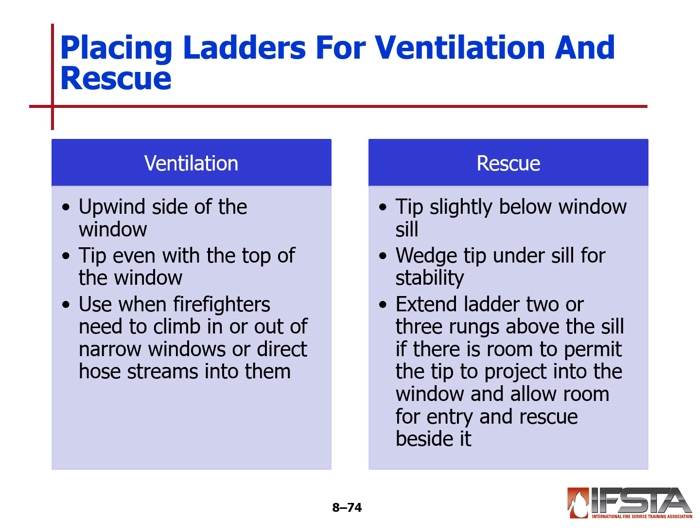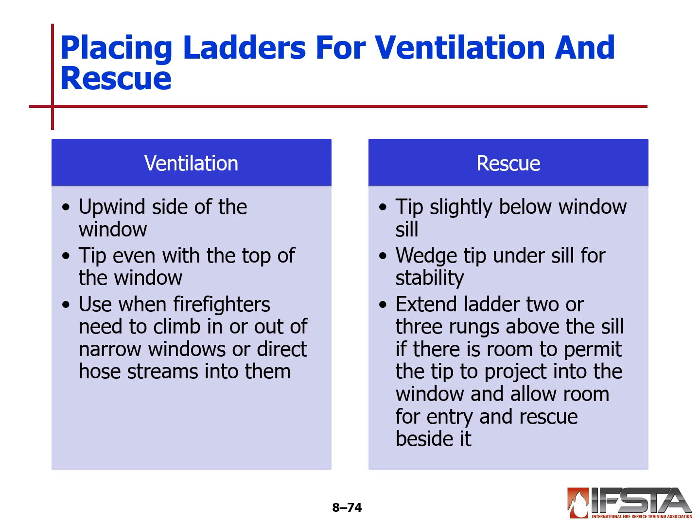Placing ladders for ventilation and rescue. For ventilation, place the ladder on the upwind side of the window, with the tip even with the top of the window. We use this when firefighters need to climb in or out of a narrow window or direct hose streams into them. For rescue, we want the tip slightly below the window sill.